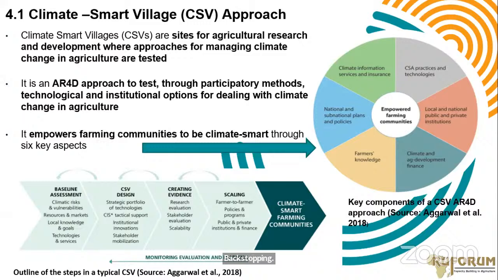So at the end of the day, having supportive policies to support climate smart practices, which is very, very crucial. At the end of the day, what this promises is the climate smart farming communities.